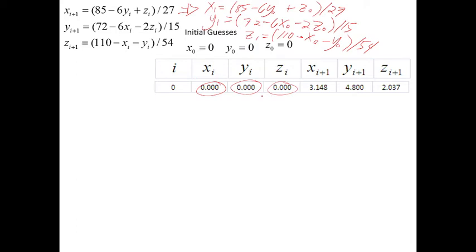And then x sub i plus 1. So, we do this: 85 minus 6 times y sub 0, for i equals 0, that is 0, plus z sub 0, that is 0, over 27. So, we will use a calculator. Allow me to use my calculator.